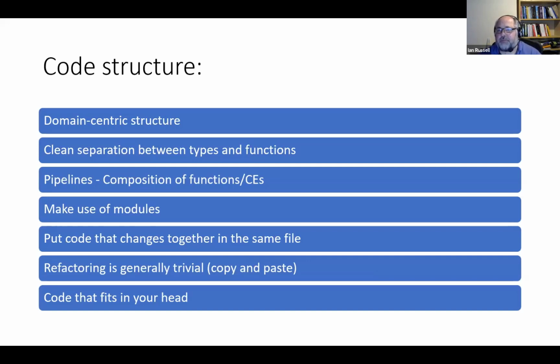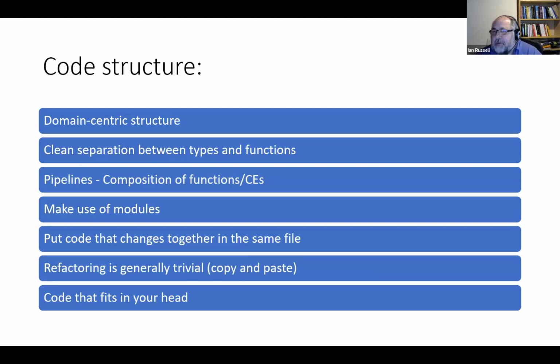Code structure. So one of the nice things about F# is that we can make things more domain centric. One of the problems I've seen with Java and C# is the fact you end up looking at a code base and thinking, what does this code actually do? Because it tends to be very technical.